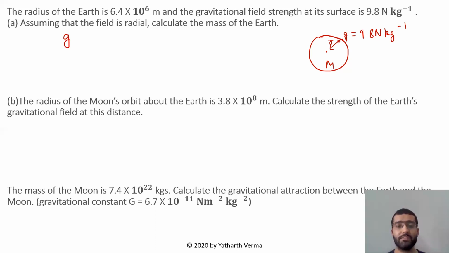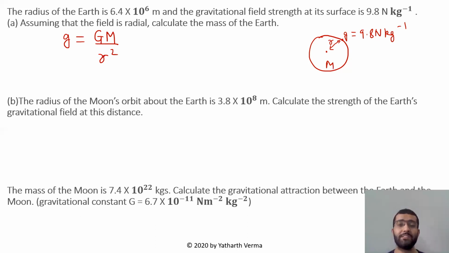So the formula we have to use here is g = GM/r², where M is the mass of the earth, because the earth is the object which is creating the field, and we are finding the distance from the center of the earth. Now where is the field to be calculated?